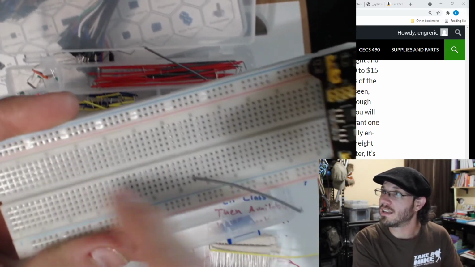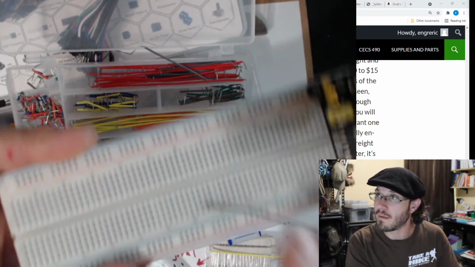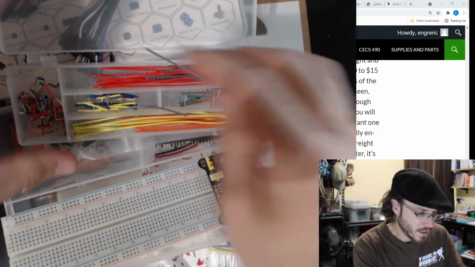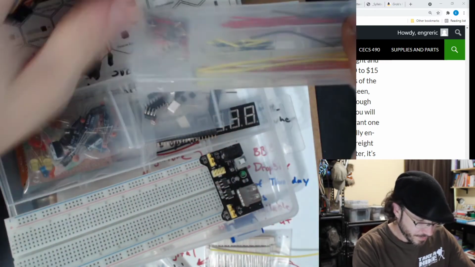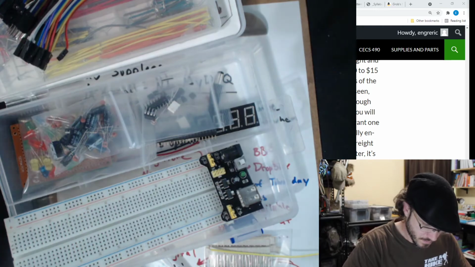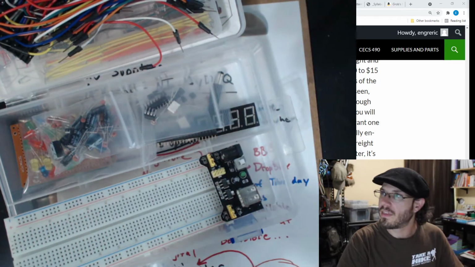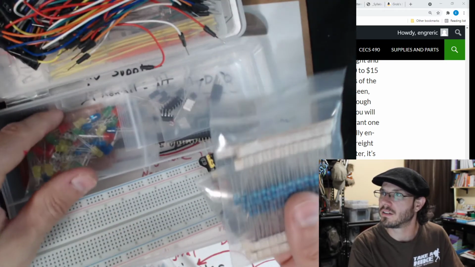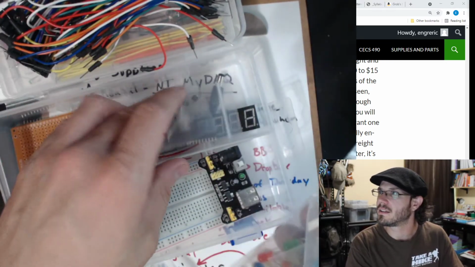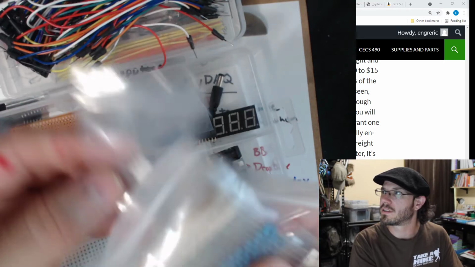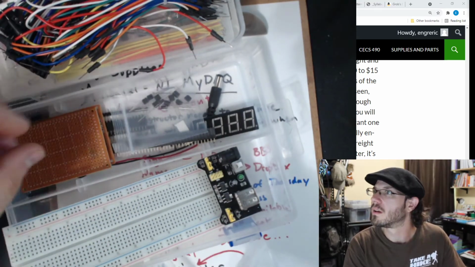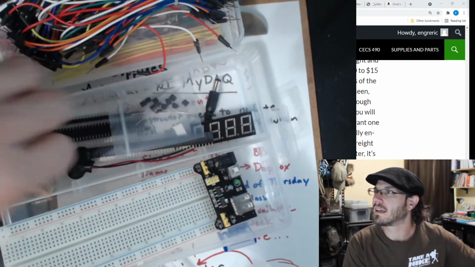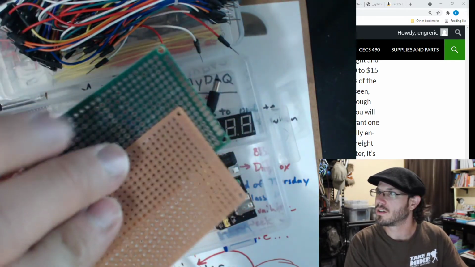So we're gonna be constructing our circuits on a breadboard using some wire, with some components like resistors and capacitors and LEDs and chips. And it comes with some prototype boards for soldering stuff.